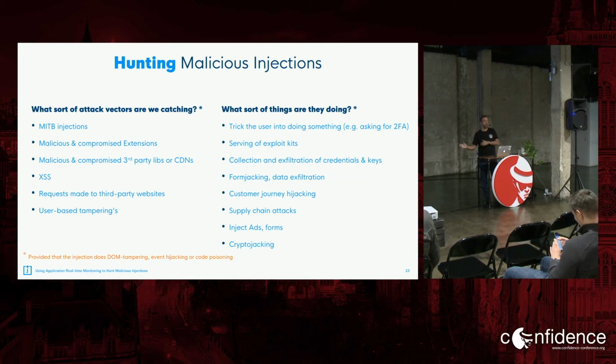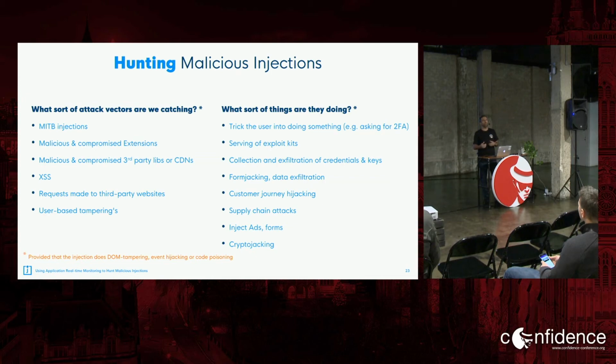That drives away the client, and it basically costs millions for retail websites, and it's actually happening a lot. We also have supply chain attacks, which is what we call dependencies being modified.